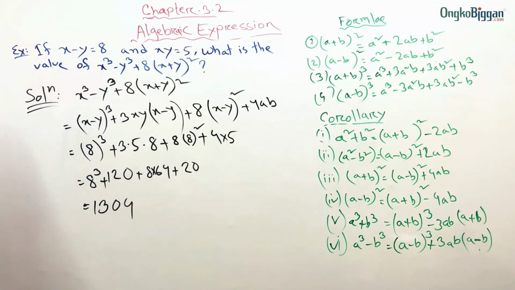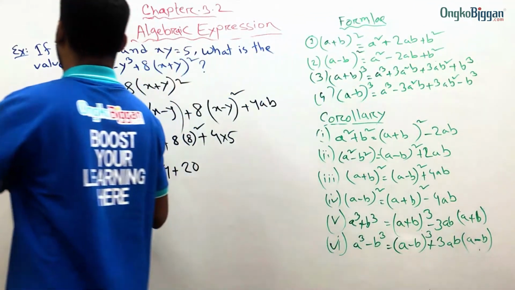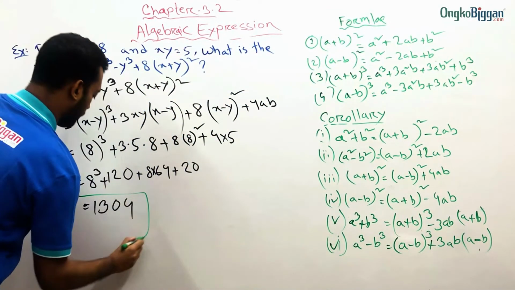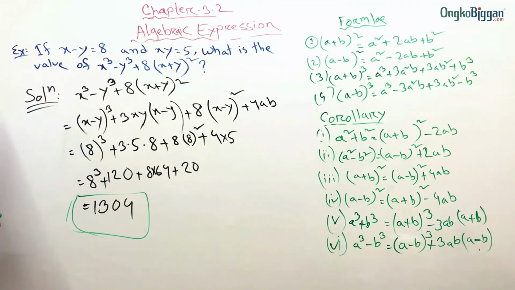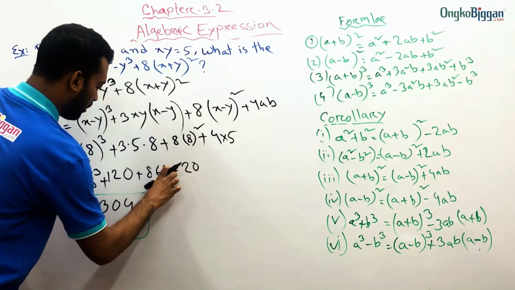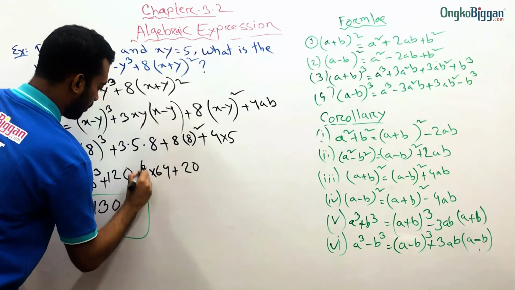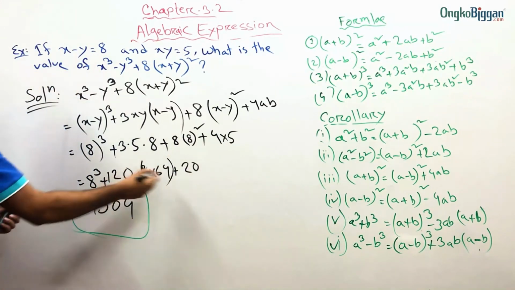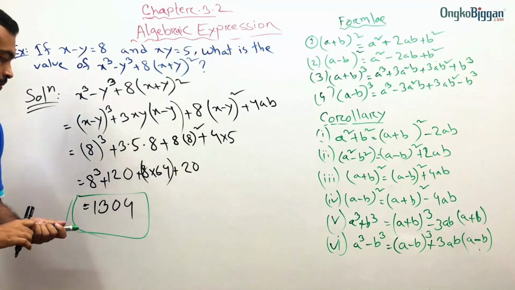So basically this will be the answer for this problem, 1304. Okay. This is basically 8 into 8, multiplication, 64. You can just find the value using your calculator. Same thing. Okay.